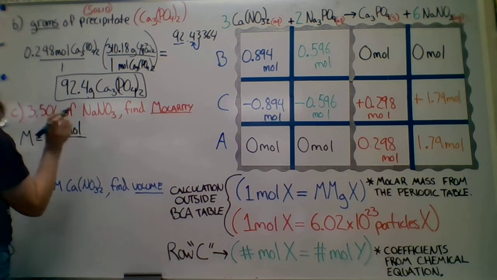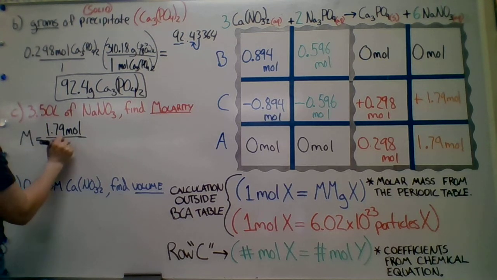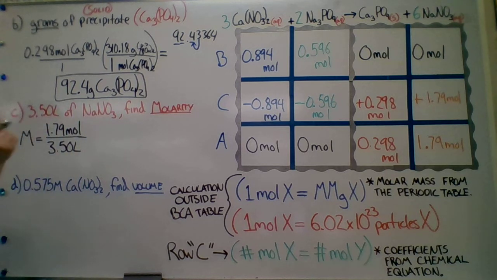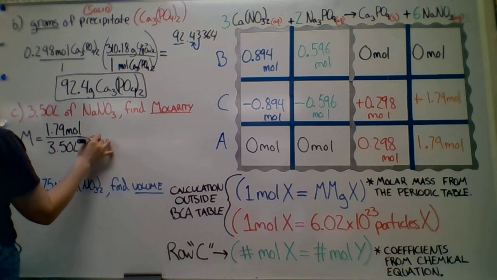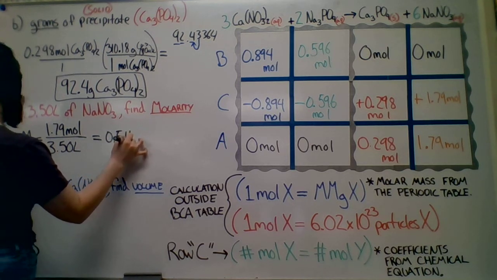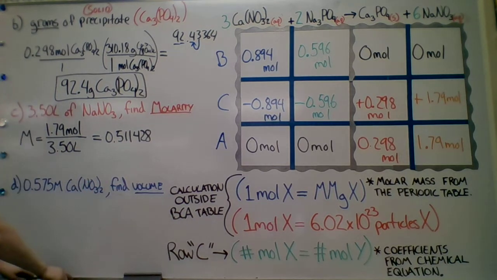And I'm going to divide that by liters of solution, which has been given to me in the question. So that's 3.5 liters of solution. When I divide the numerator and denominator, I get an unrounded answer of 0.511428, etc.